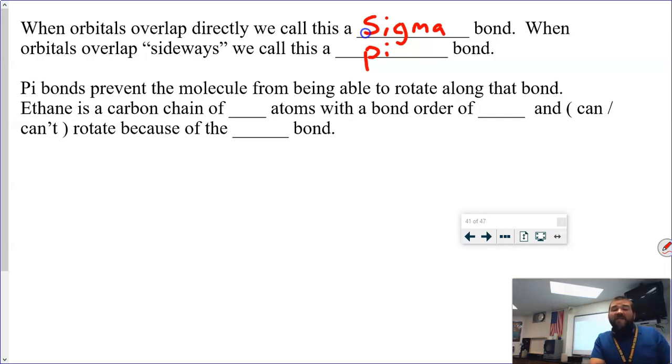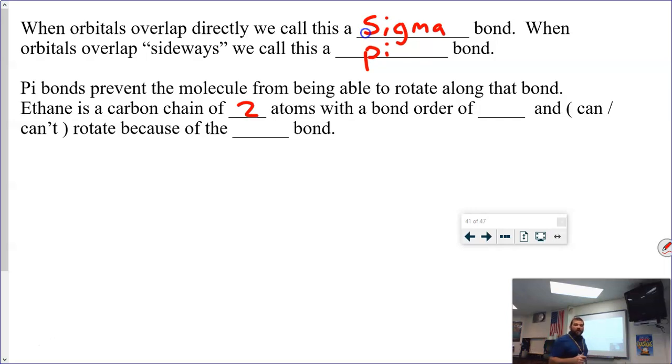Okay? Ethane is a carbon chain of 2 atoms. And by the way, I wouldn't expect you to know that, okay? So this is organic chemistry just for a little bit again, or we're using organic chemistry, I should say, to teach what I need to teach. But ethane has 2 carbon atoms.